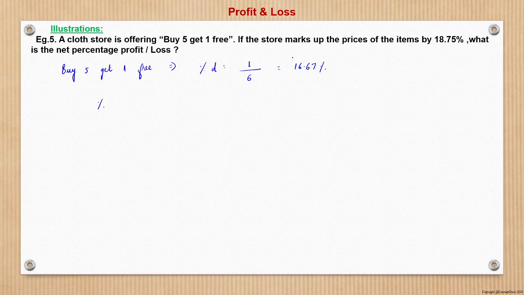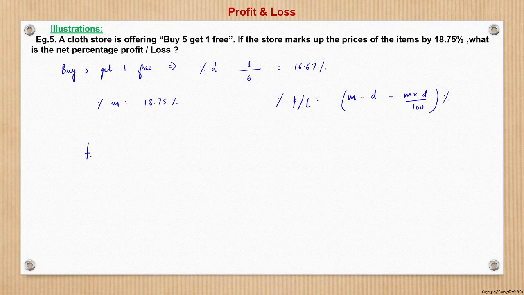Now there's a markup also, percentage markup, that is 18.75%. So what is the net percentage profit or loss? Either we can use the formula, percentage profit or loss equals markup minus discount minus markup into discount by 100%, but this will be slightly cumbersome in terms of calculation.